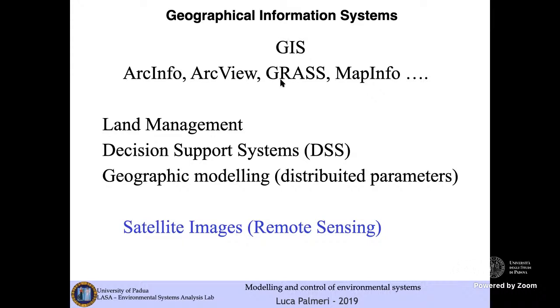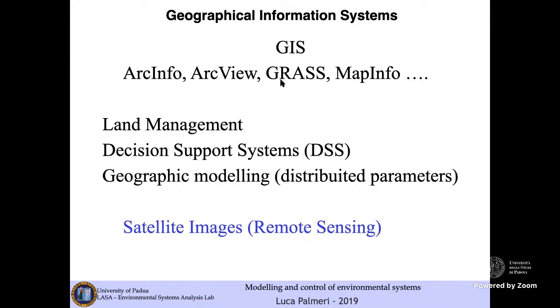In this context, GIS systems are employed for building support systems for land management, or in general decision support systems for the management of territories.